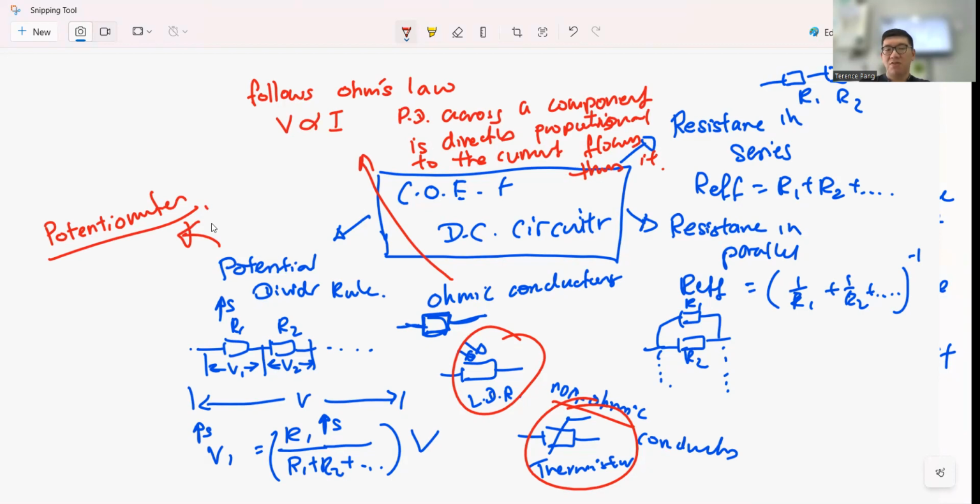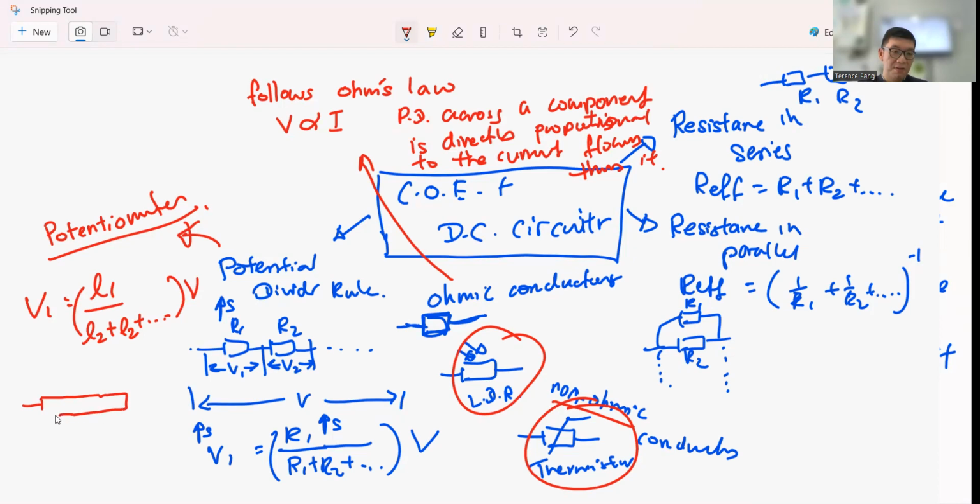H2 questions will have a lot of questions like that. So with a potentiometer, instead of dealing with R, you're dealing with length. An example of a formula will be something like this. You can change the length of a potentiometer, and it will look something like this.